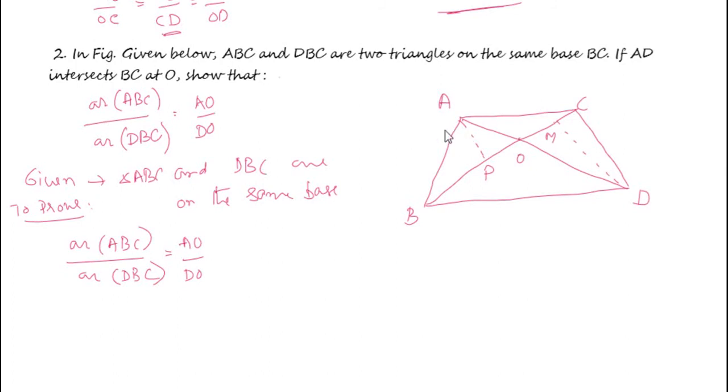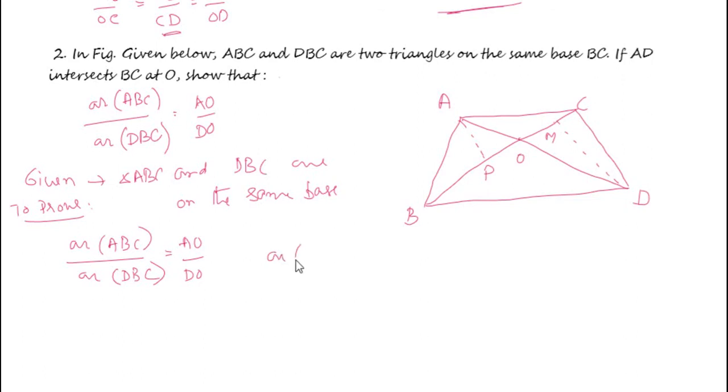Now let us draw two perpendiculars to BC, one from A and another from D. So AP and DM are the two perpendiculars drawn onto BC.